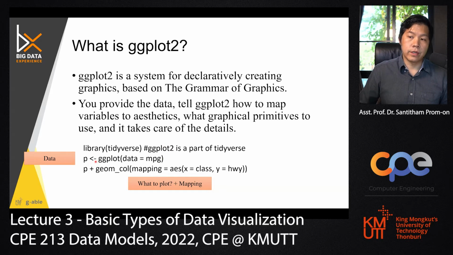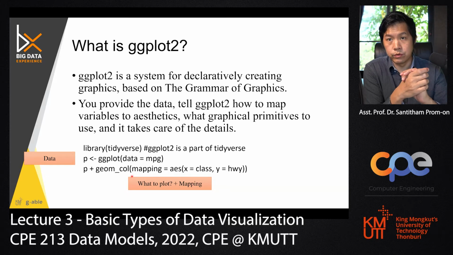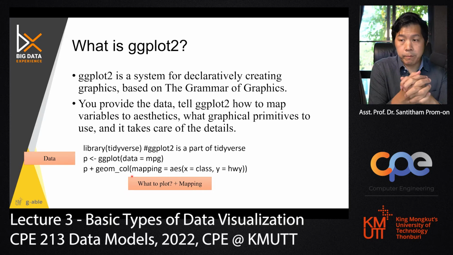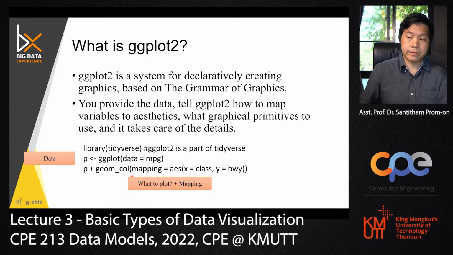You declare first that you are creating a ggplot object with the mpg data, and this is assigned to variable p. p then will be used further when you add the geom call. The geom call is the type of graphic that you want to display. It's a function, and this geom call will contain the mapping.